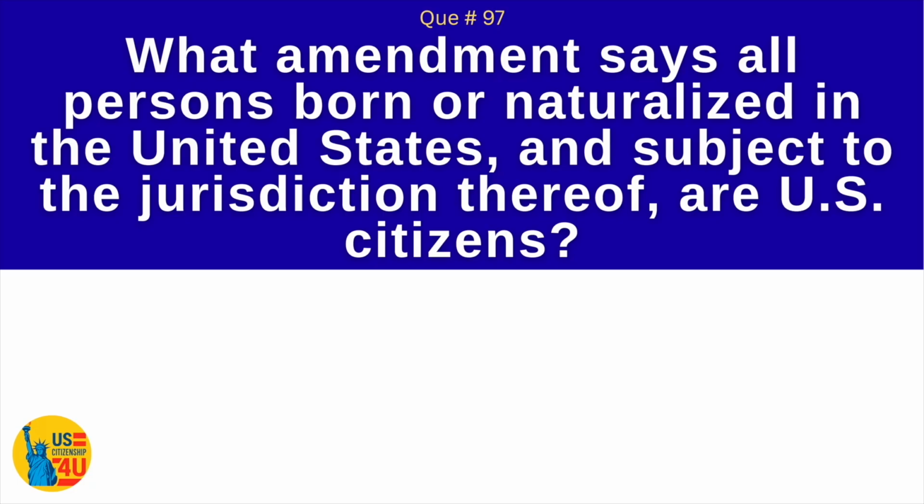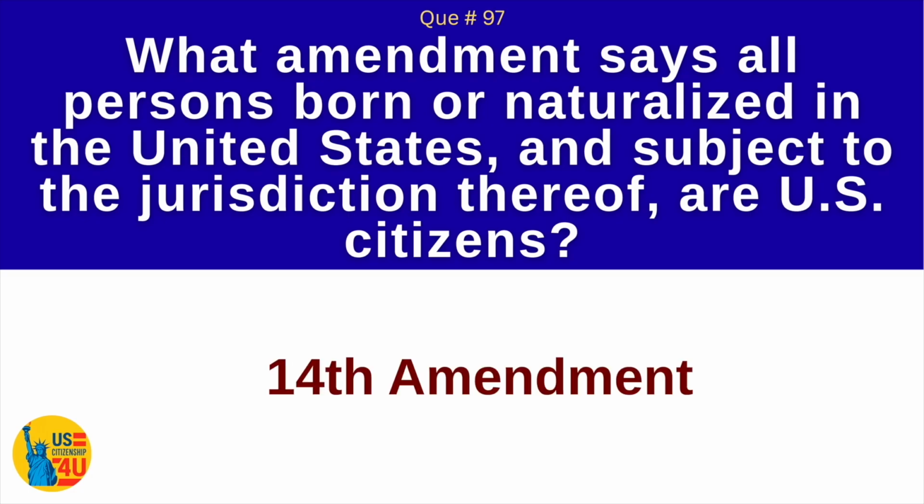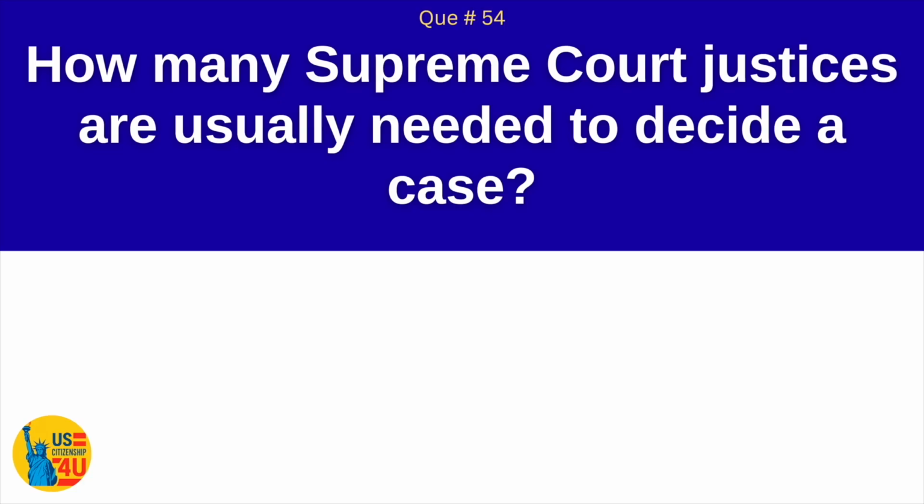What amendment says, all persons born or naturalized in the United States, and subject to the jurisdiction thereof, are U.S. citizens? 14th Amendment. How many Supreme Court justices are usually needed to decide a case? 5.